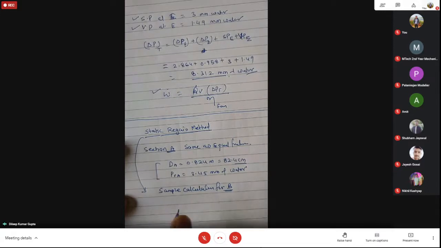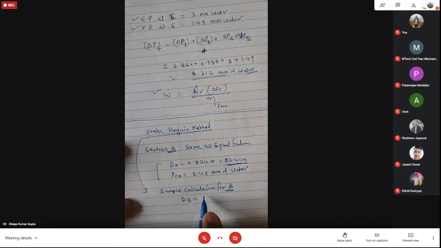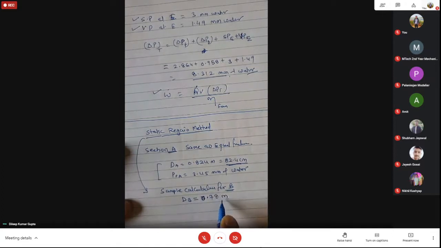So we have to assume the value of diameter dB, which should be less than this value. It is 82.4, so for this particular question we'll take 0.78 meter or 78 centimeter.